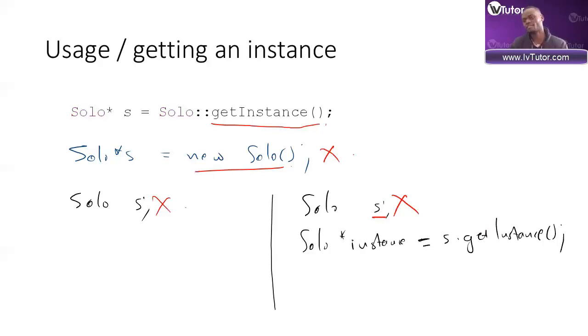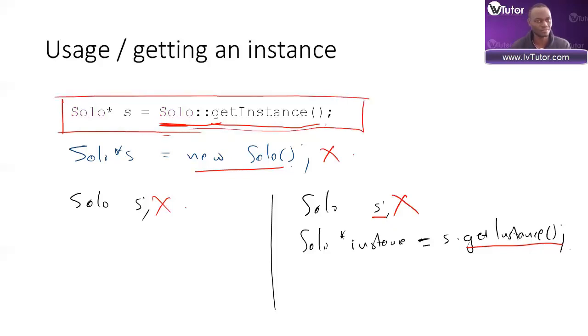And this explains the second reason why this function has to be static, because we want to be able to directly call the function on a Solo object without having to make an instance first. So this is how you get an instance of a singleton class. You simply call the get instance function directly on the object, or on the class rather. That's how you get an instance.